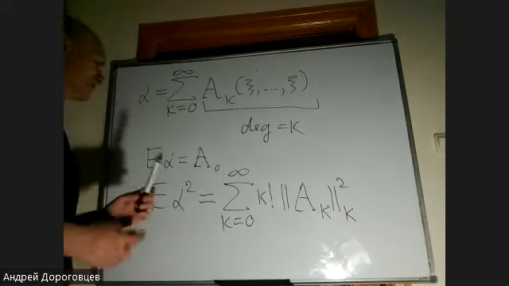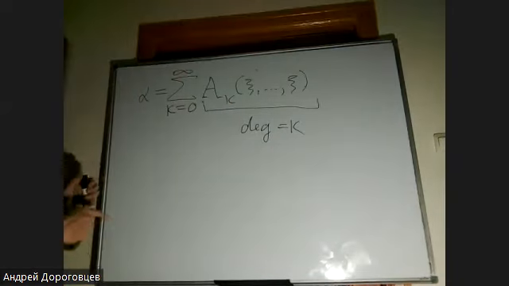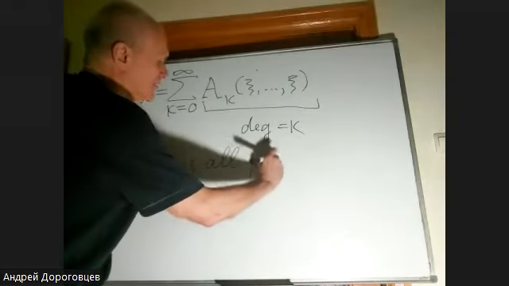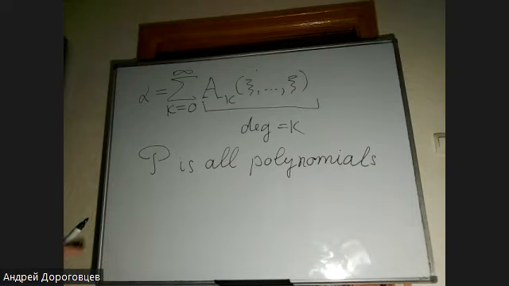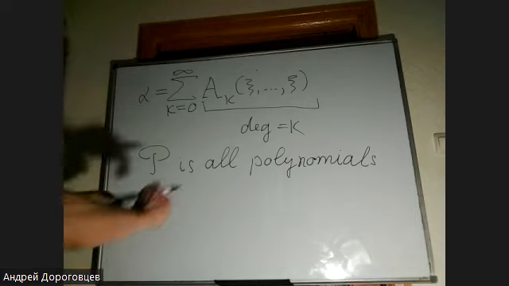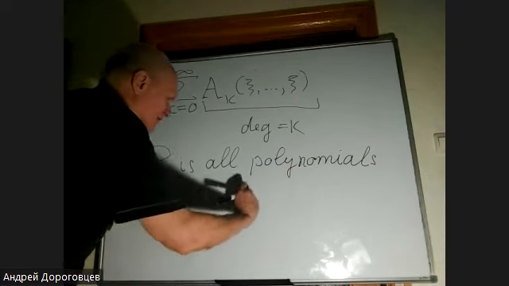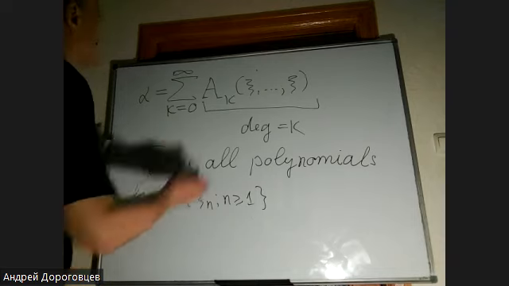So if we consider all polynomials from the infinite sequence psi_n, then again this set can be orthogonalized, and one can consider the following.